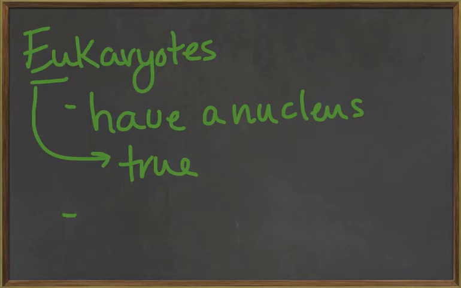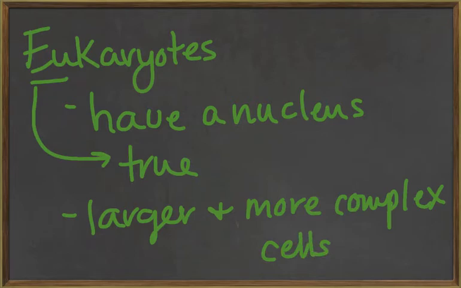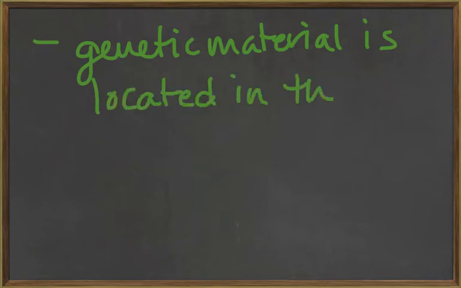These are usually larger and more complex cells, which makes sense because we fall into this category and we're way more complicated than a simple bacterial cell, which would be considered a prokaryote. And then the genetic material is located in the nucleus.